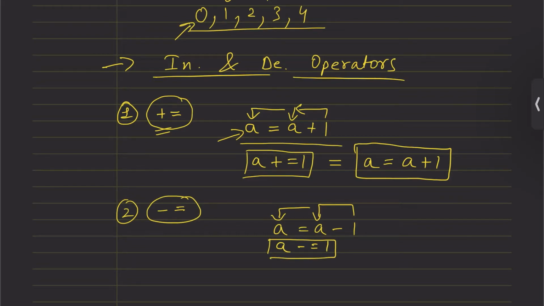It is subtracting 1 from a and storing that back into a. This statement is equal to a = a - 1. It is just shorter, that's the only difference. If I have to subtract 2 from a, I can write a -= 2.